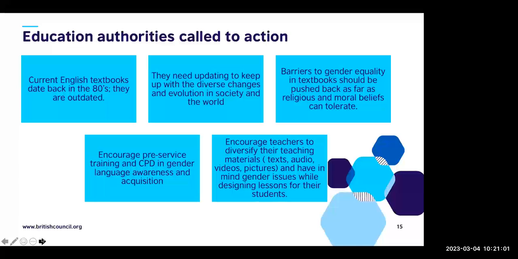We should also encourage pre-service training and CPD in gender language awareness and acquisition. Encourage teachers to diversify their teaching materials from text, audio, video, pictures, multimedia, and have in mind gender issues while designing lessons for their students.